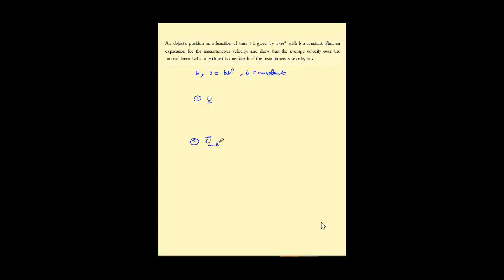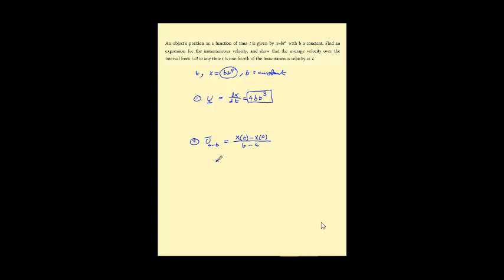1/4 the instantaneous velocity. Now, to find the instantaneous velocity as a function of t, we need simply to derive x with respect to t. So we need to derive this relation. This is simply equal to 4bt cubed. This is the instantaneous velocity at time t. But to find the average velocity, we have to use the relation x of t minus x of 0 divided by t minus 0.